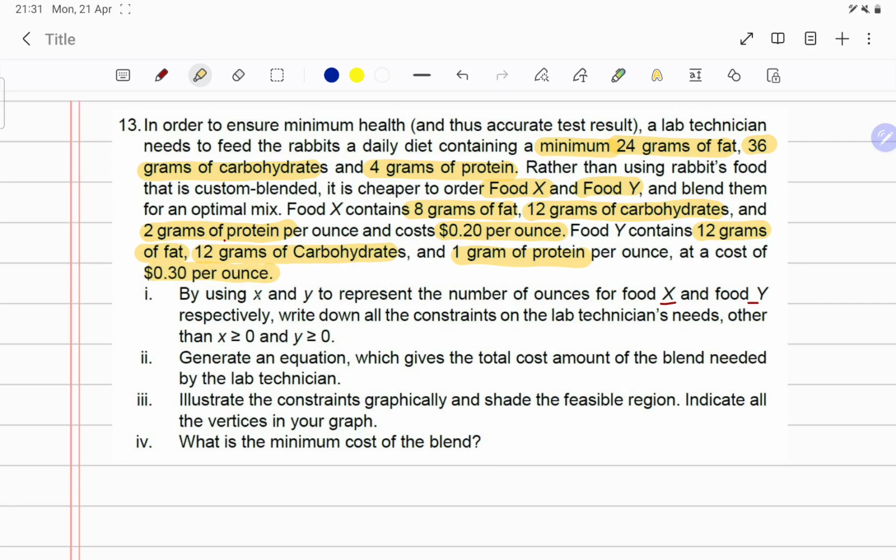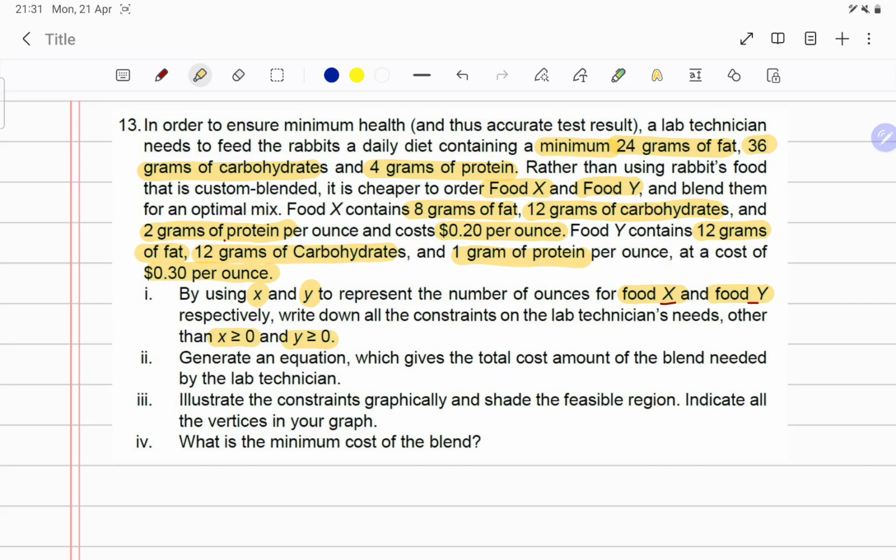Okay, now for the first question, they ask us to use x and y to represent food X and food Y, then write down all of the constraints that we find from the statement above, other than x greater equal to 0 and y greater equal to 0. What does it mean by x greater equal to 0 and y greater equal to 0?